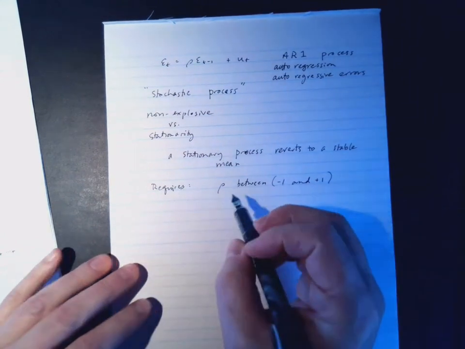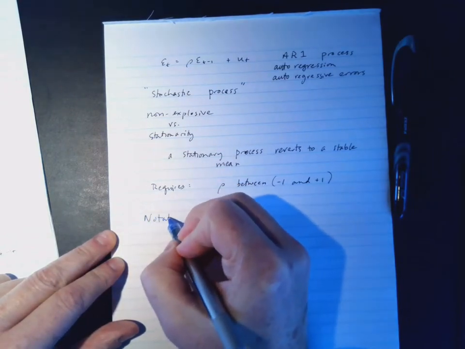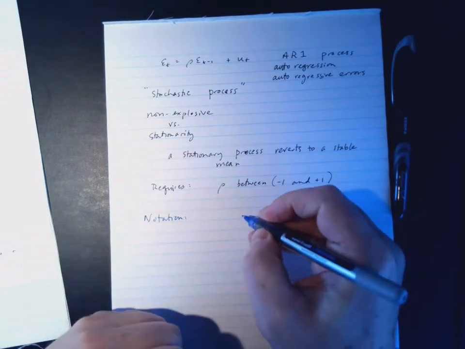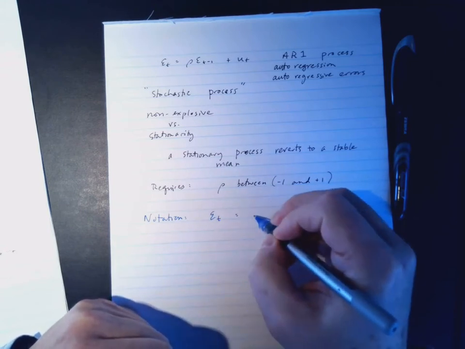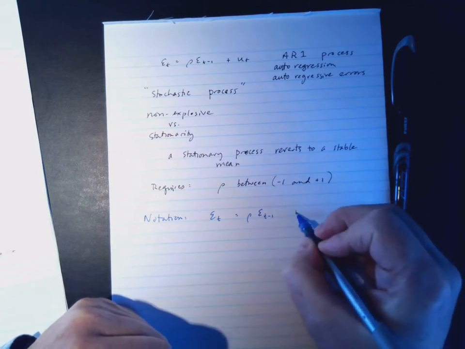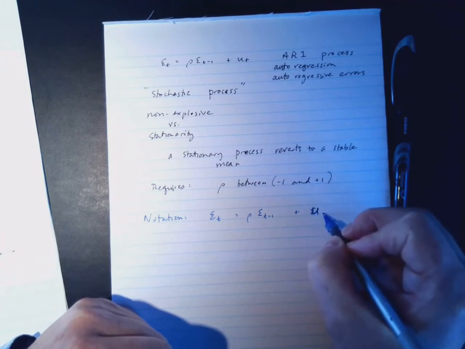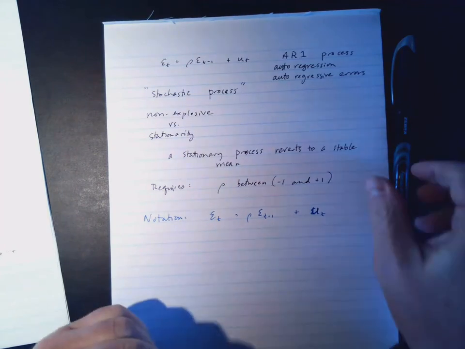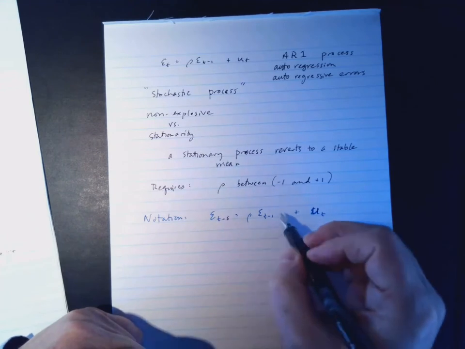Okay, so let's get a slight change in notation. Let's say we've got epsilon t equals rho times epsilon t minus 1 plus u t. Now I'm going to subtract s from each of these t's.